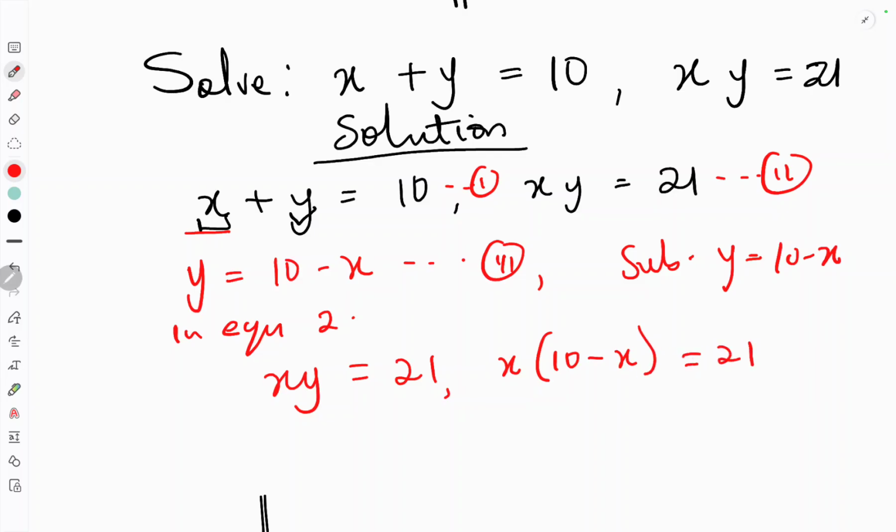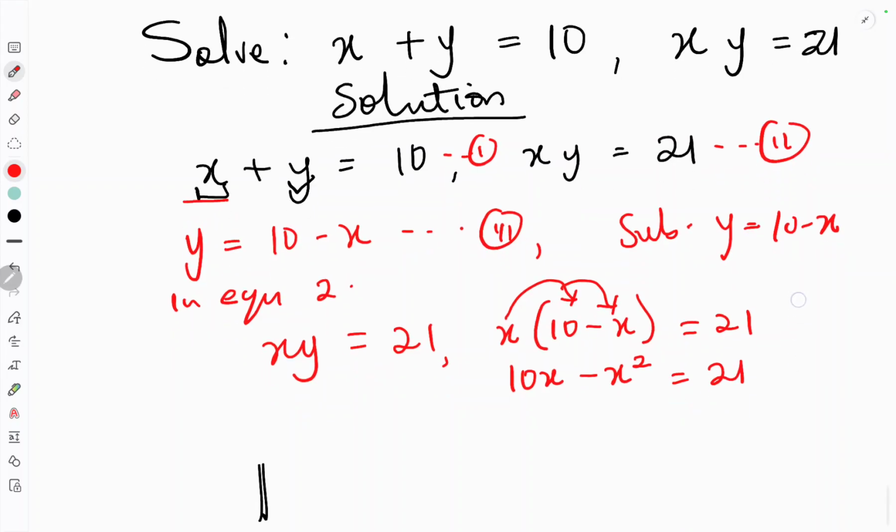Okay, on this note, you can now see we have to open the bracket, and to open the bracket we have to use x to multiply everything inside the bracket. To do that, x times 10 is 10x and x times minus x is minus x squared, and that's equal to 21.